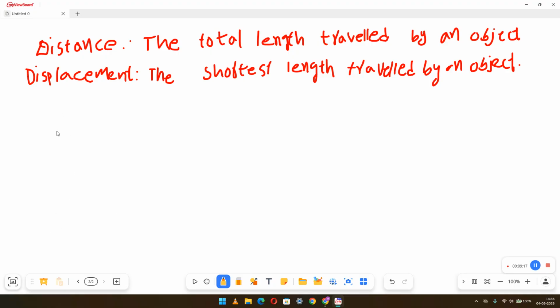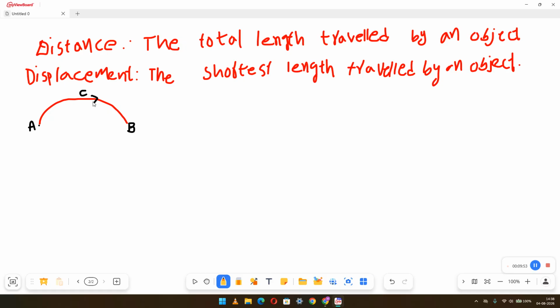Suppose that a stone is projected in this direction. It starts from the point A and reaches the point B. It moves in the path ACB.